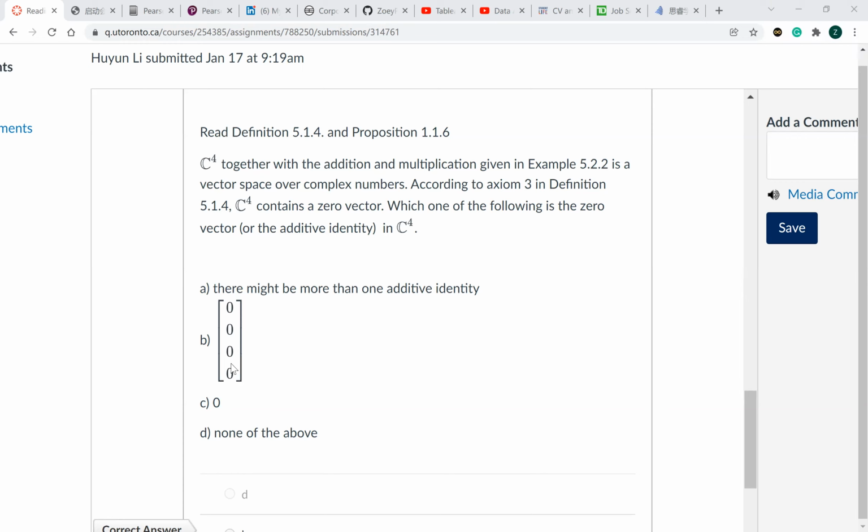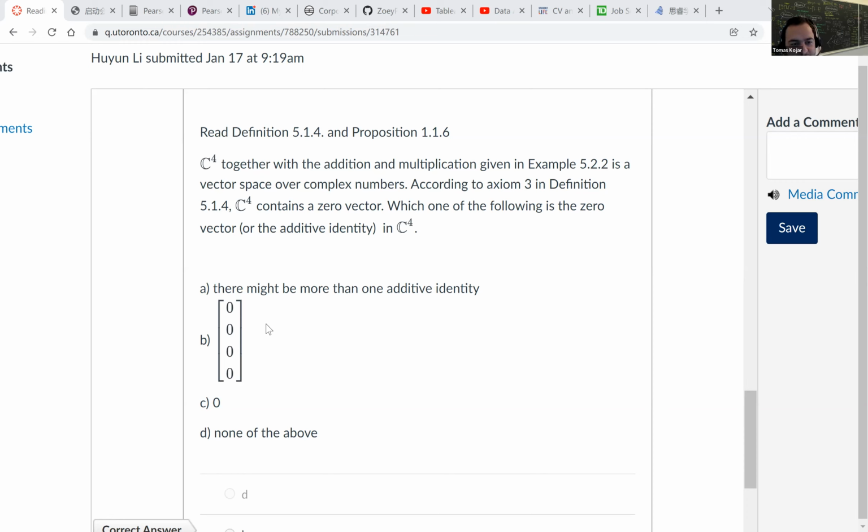Professor, sorry to cut in. I answered none of the above because I thought by 0 they meant 0 in R and not 0 plus 0i. So can we take 0 as both pure imaginary and pure real? Formally, one should write what we just said.